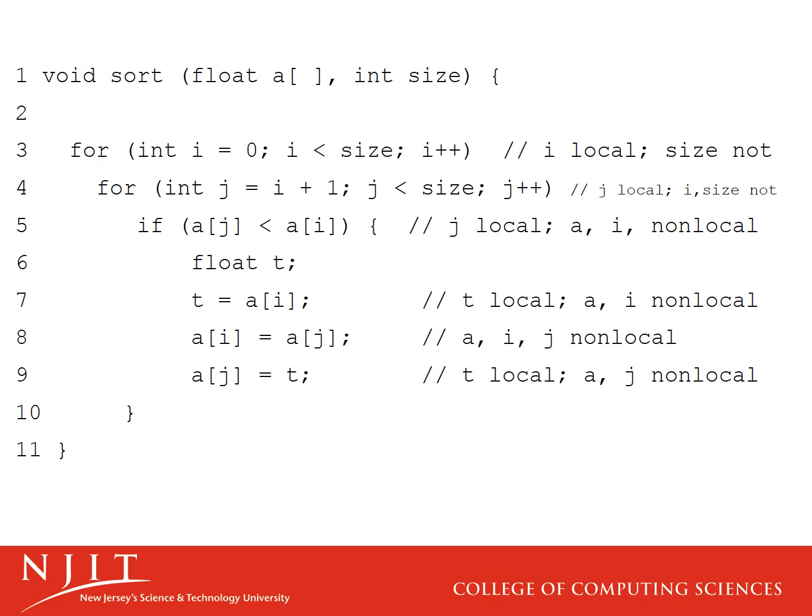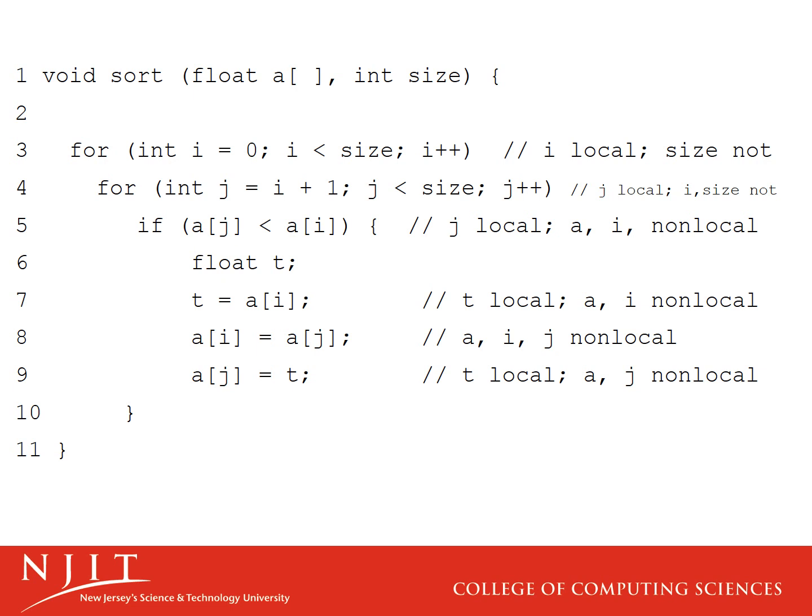So there's a scope that begins at line 3, and completely enclosed inside of that is a scope that begins at line 4, and completely enclosed inside that is that block that's 6, 7, 8, and 9. And all of those nested scopes are inside of this sort function, and the function is in whatever file it's in and is part of the global scope.